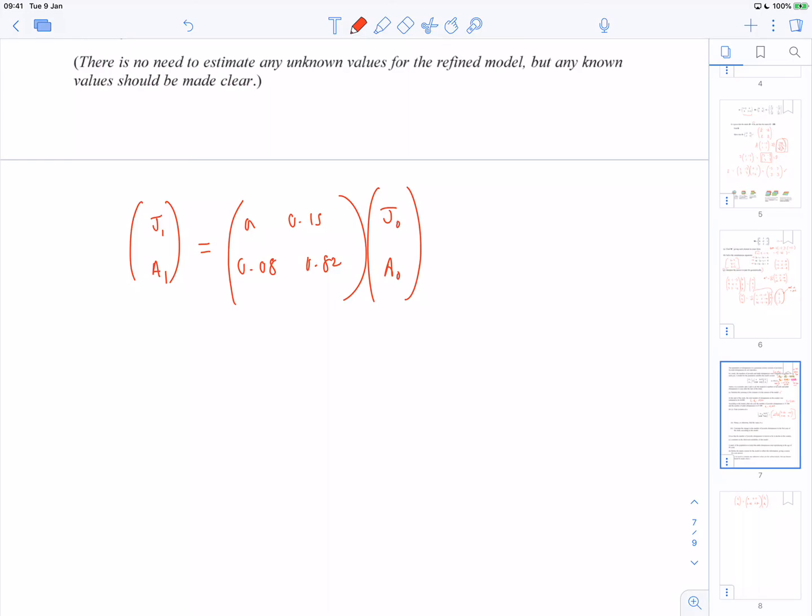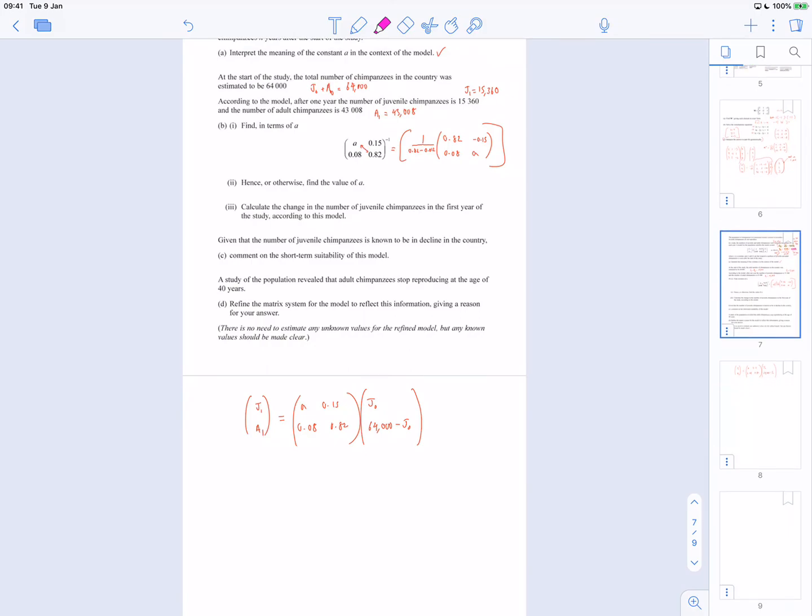What do I know? I know a couple of things actually. I know that A0 is the same as 64,000 minus J0, because these two have to add up to 64,000, because that's how many there were initially. I know what J1 and A1 are now: J1 is 15,360, and A1 is 43,008.